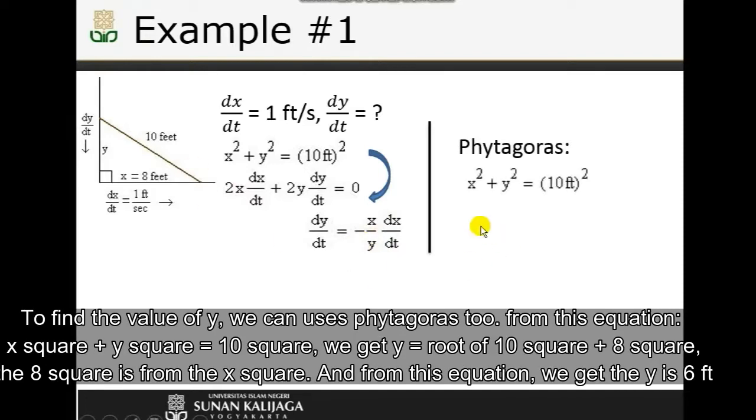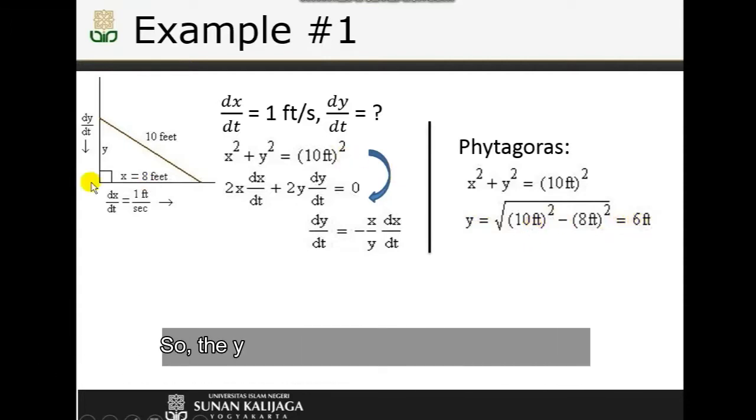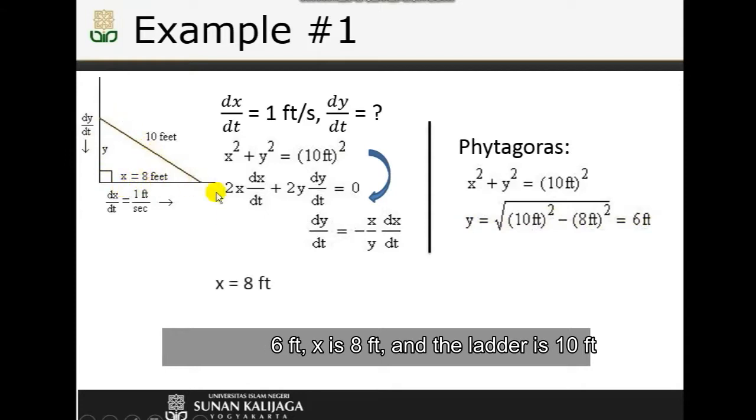From the same equation, x squared plus y squared equals 10 squared, we get y equals the square root of 10 squared minus x squared. From this equation, we get the value of y is 6 feet. So y here is 6 feet, x is 8 feet, and the ladder is 10 feet.